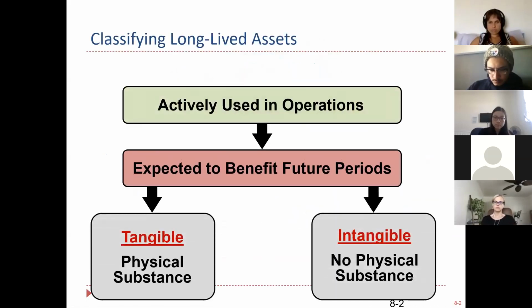Now we're introducing a chapter on not current assets, but fixed assets or long-term assets. I've never heard of long-lived assets, but you get the idea. These are assets that are going to be around for many, many years and enable us to run our business, make some money, huh? They can be tangible or intangible.